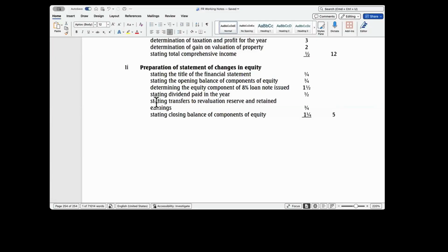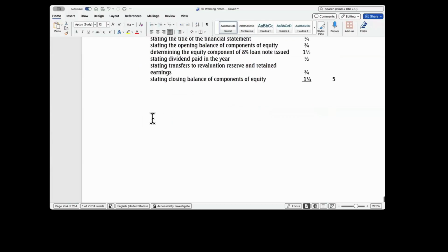If I hadn't separated it, my account is still balanced, but I would have lost this mark. Stating transfer to revaluation, okay. Oh, bad. They told us that you are not transferring, so this must have been a mistake. Stating the closing balance of component of equity.